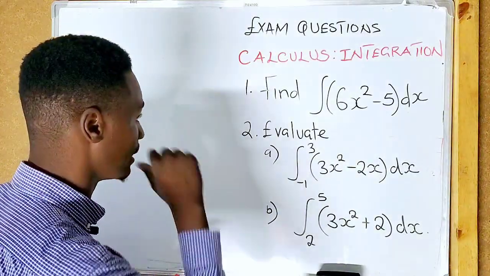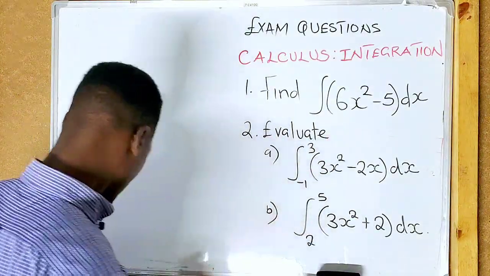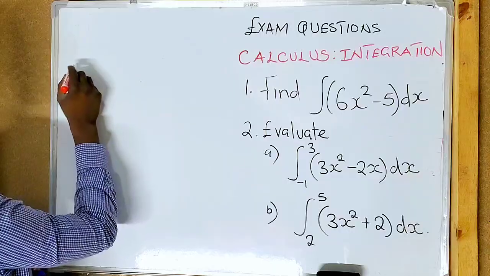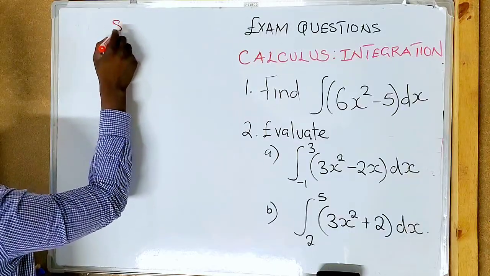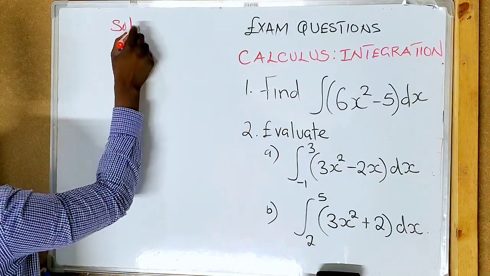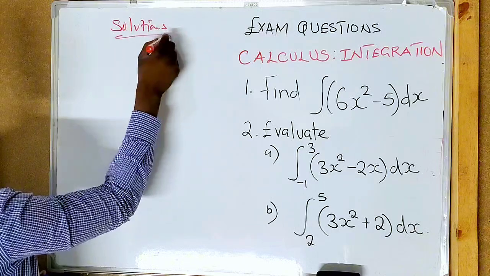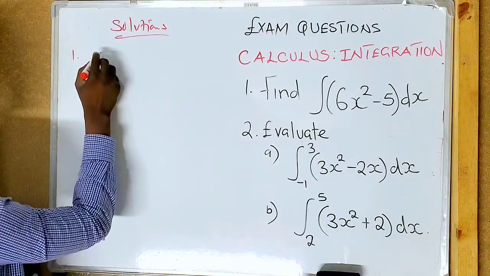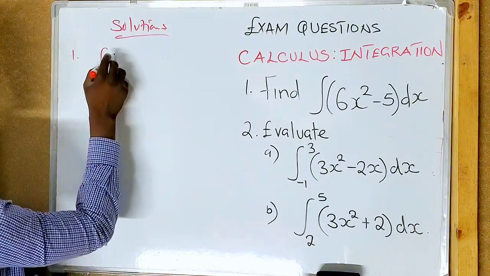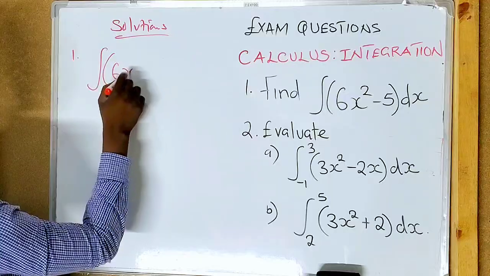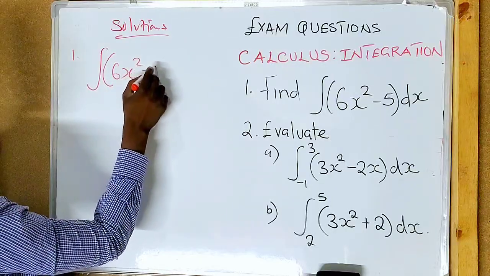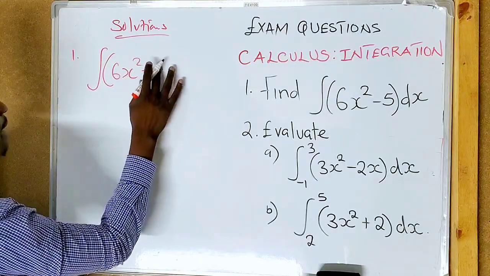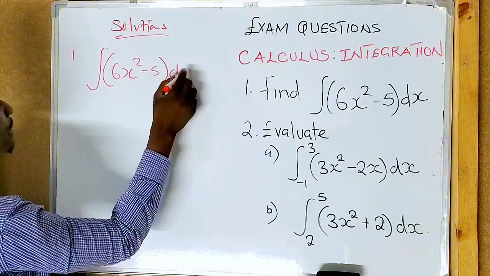We are asked to find this, and it's very simple. Solutions, the first one. We're asked to find the integral of 6x squared minus 5 dx.